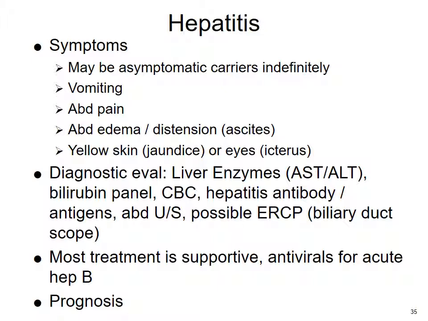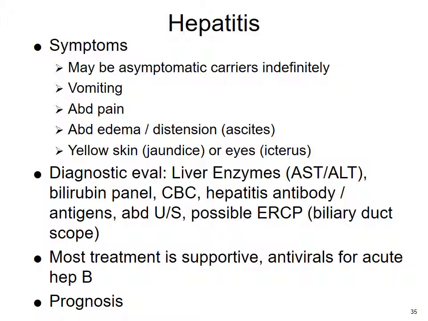For our diagnostic evaluation, we will test the liver enzymes, which are the AST and ALT blood tests, bilirubin panel, CBC, hepatitis antibody and antigens, abdominal ultrasound, and possibly ERCP, which is a biliary duct scope.